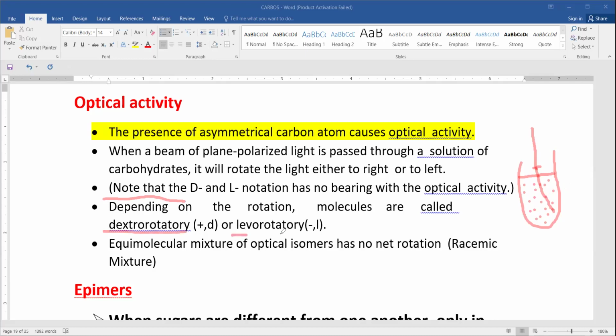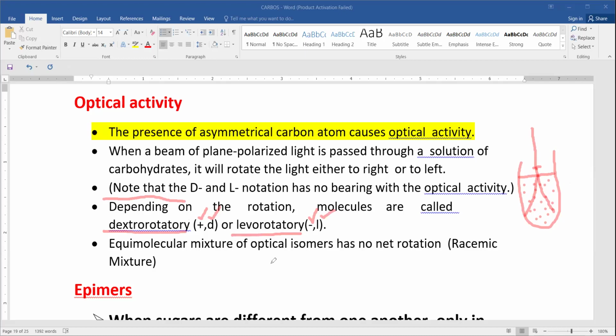If it bends to the left side, it is levorotatory optical activity. Dextrorotatory is indicated by plus and small d. Levorotatory is indicated by minus and small l.